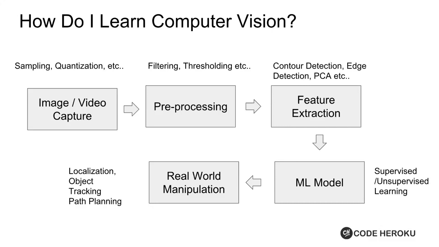Or even for robotics, if you want to be able to build a self-driving car, well, in that case, just learning machine learning itself is not enough. You want to understand how the sensors work. You also want to understand how the LiDAR might be functioning. What's the sampling rate over there? How would you go about filtering the LiDAR data? How would you go about extracting those features, the cars, the pedestrians from that image, and so on?